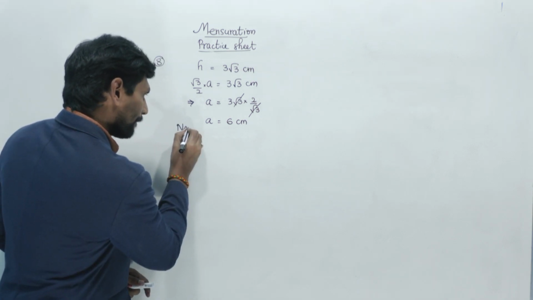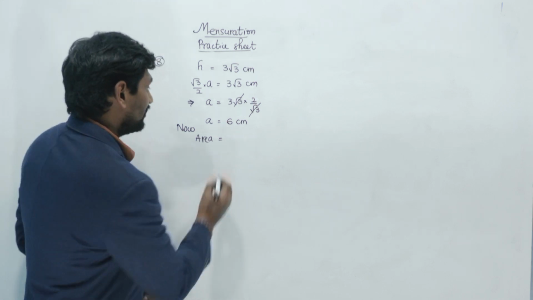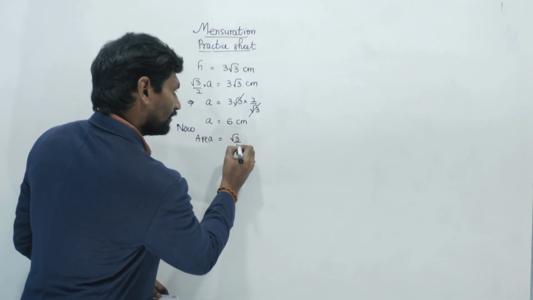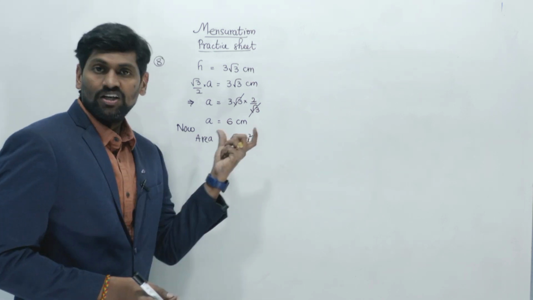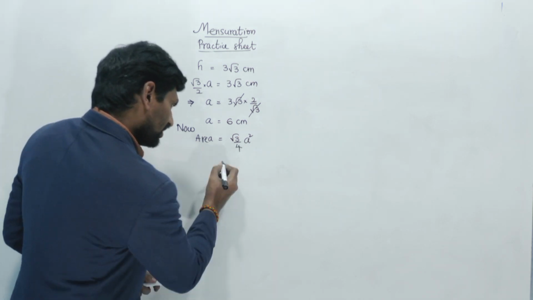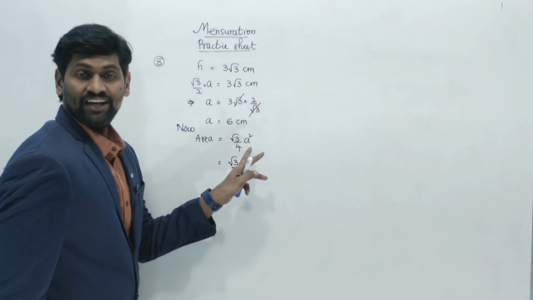Now the area. What is the area of an equilateral triangle? Very good. Root 3 by 4 A square. So that is equal to root 3 by 4 into the A value 6.